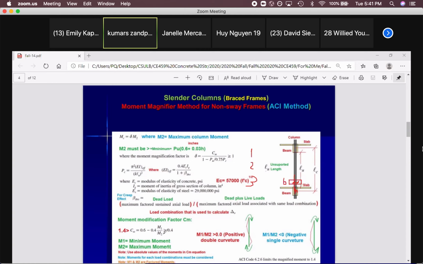Okay. Then, as I mentioned, M1 and M2 at first had no signs, but right now, based on the directions, you have to pick a sign for them, and that's important. Imagine these are M1 and M2 on your column. I don't need to know which one is greater, it doesn't matter, because I'm looking at the curve. In this case, the curve is important. M1 is the smallest one, positive. M2 is the maximum one, positive.